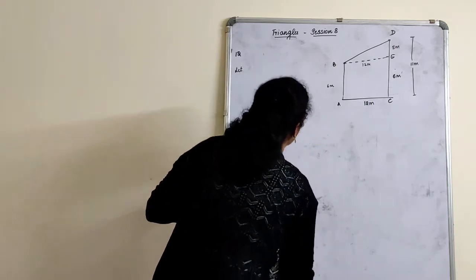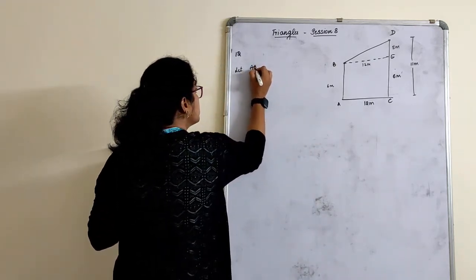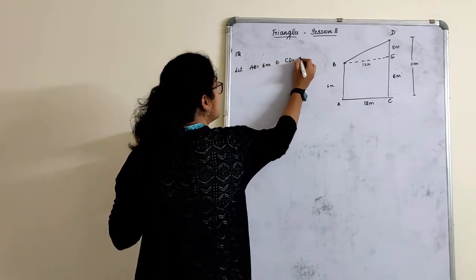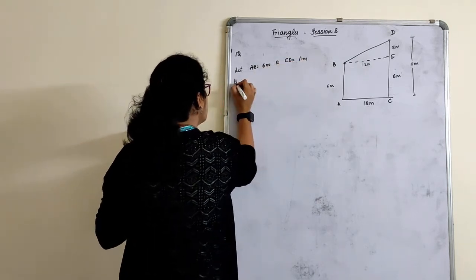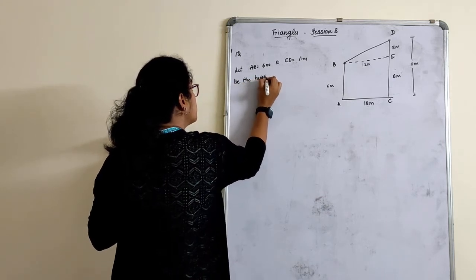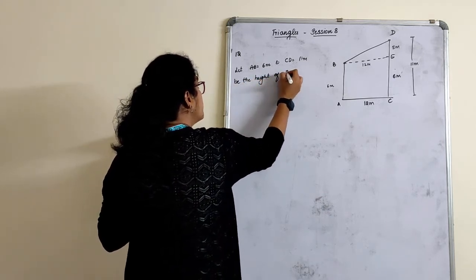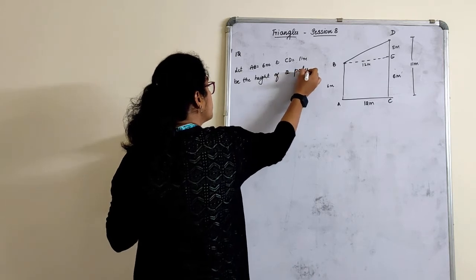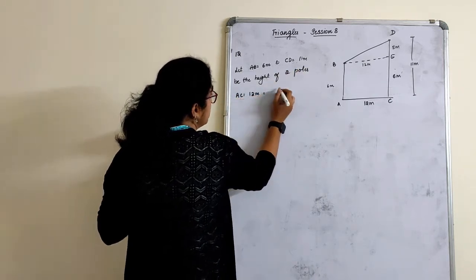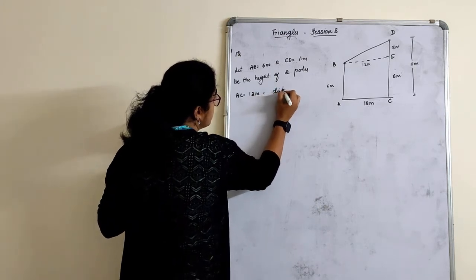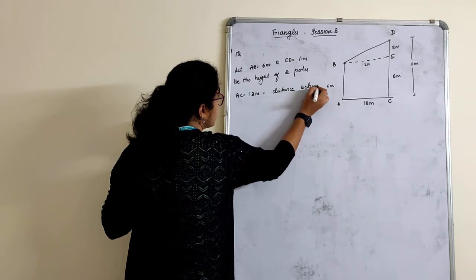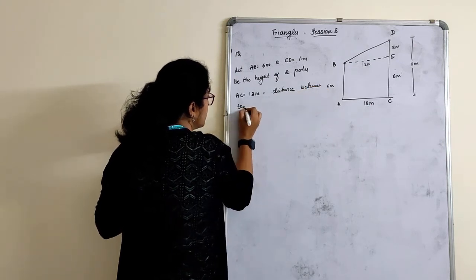Let AB is equal to 6 meter and CD is equal to 11 meter be the height of two poles. AC is equal to 12 meter, distance between the poles.